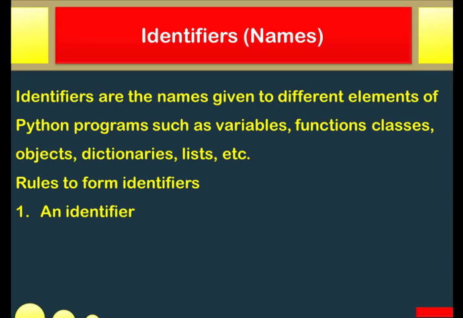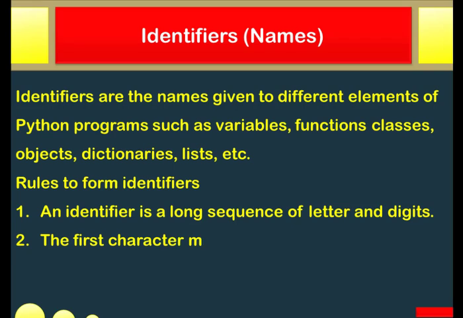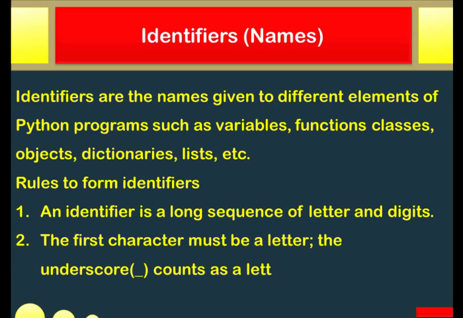Rules to form identifiers. Number one, an identifier is a sequence of letters and digits. The first character must be a letter. The underscore counts as a letter.